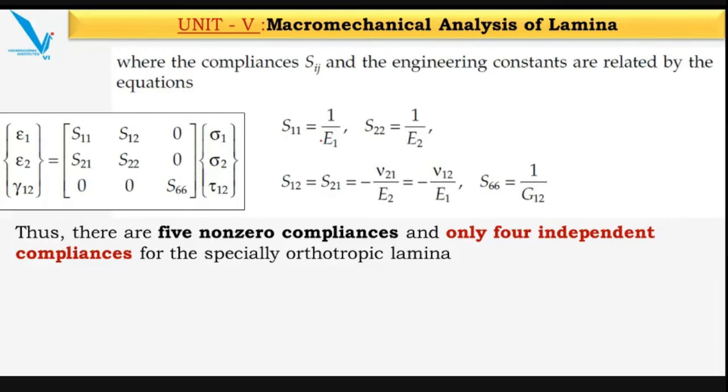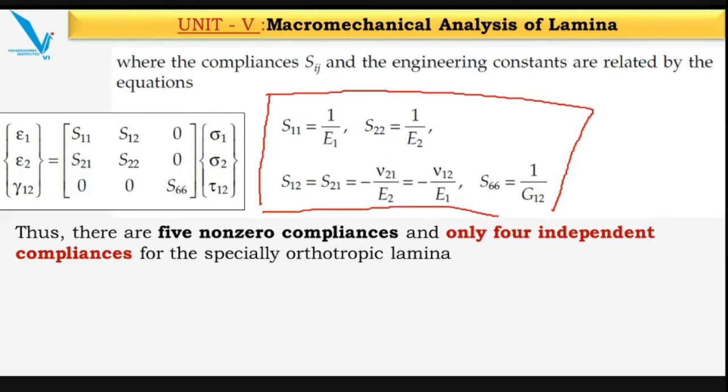So S11 is equal to this, S22 is equal to this, S12 and S21 are equal to this, and S66 is equal to this. These values you have to remember to solve the numericals.